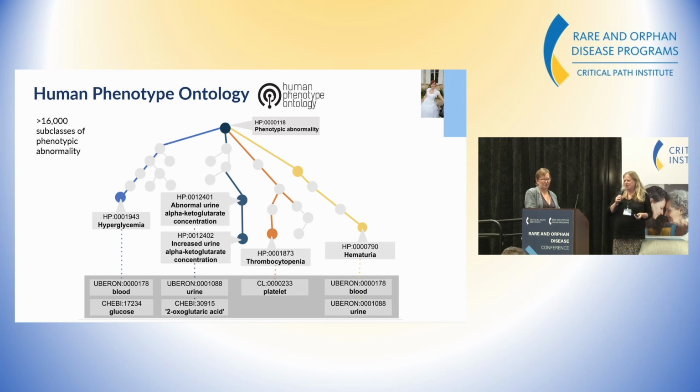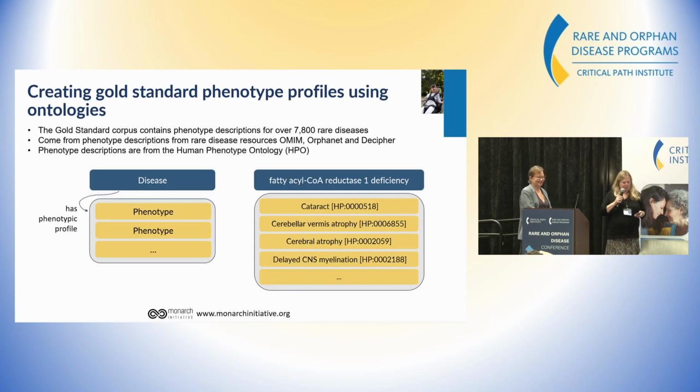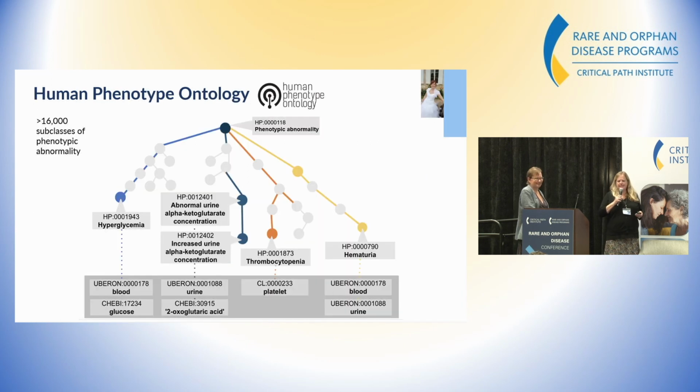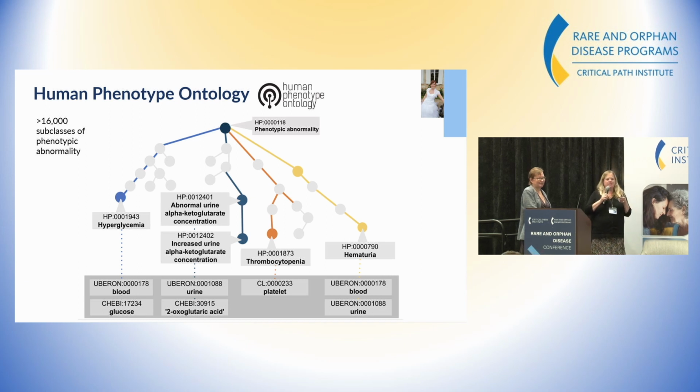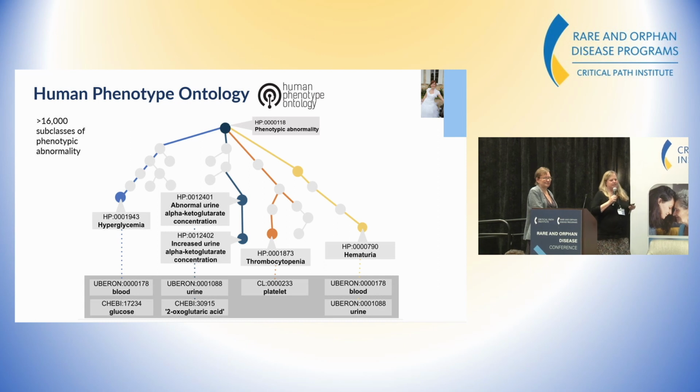An example of an ontology that we work with at CPath is the Human Phenotype Ontology. This is an ontology that represents abnormal phenotypes in human diseases, including common diseases and rare diseases. In the Human Phenotype Ontology, there are over 16,000 classes representing the top-level class phenotypic abnormality, and then there are subclasses or children classes of this top-level class that are arranged in a hierarchical classification, describing different phenotypic abnormalities.